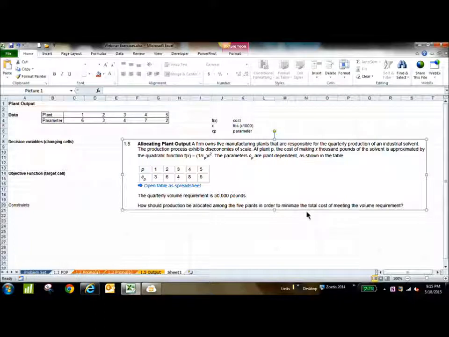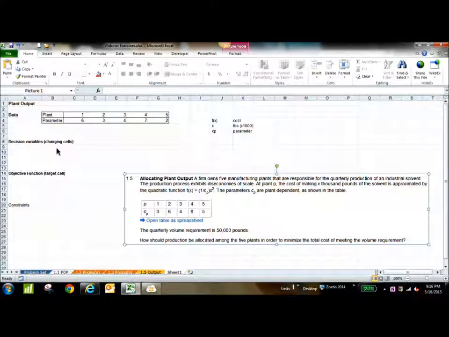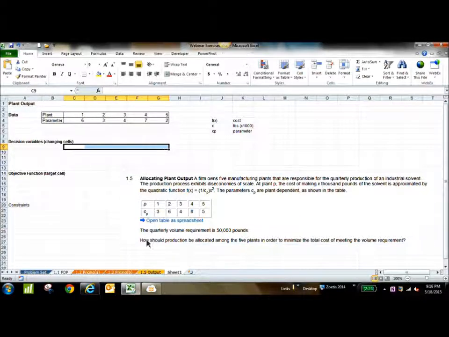So what I'm looking for is the production allocation among the 5 plants, to minimize the total cost. So automatically what I know here is I'm trying to figure out 5 decision variables, because how should production be allocated among the 5 plants?